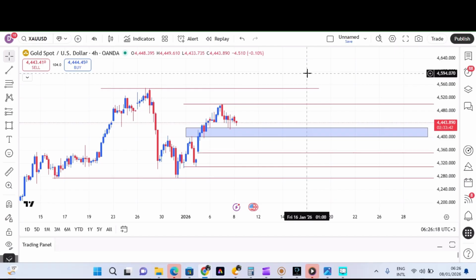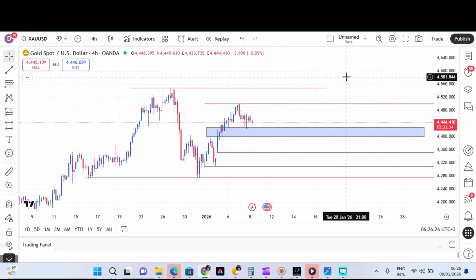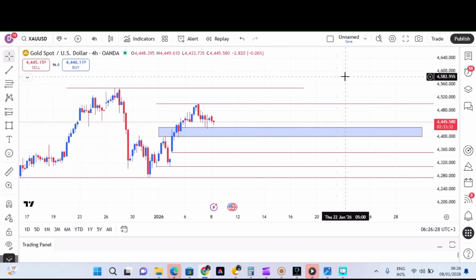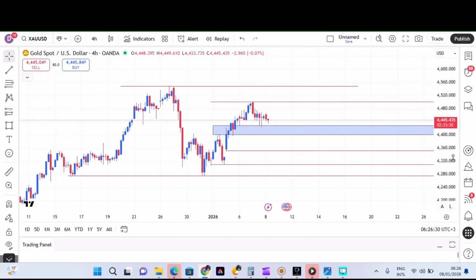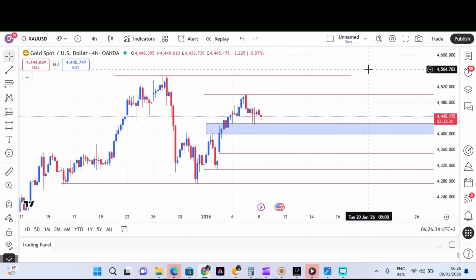All right, so let's look at the 4-hour, rather, and see which data we have. Let me maintain this size of the candlesticks. Okay, so what do we have?